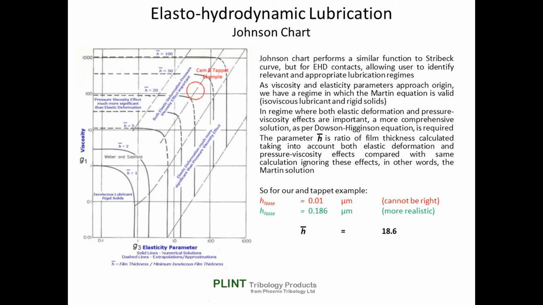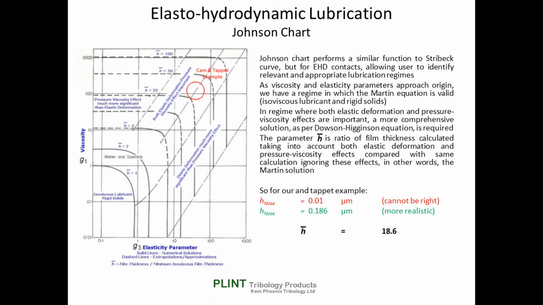As the viscosity and elasticity parameters approach the origin, we have a regime in which the Martin equation is valid, iso-viscous lubricant and rigid solids. In the regime where both elastic deformation and pressure viscosity effects are important, a more comprehensive solution as per the Dowson-Higginson equation is required.